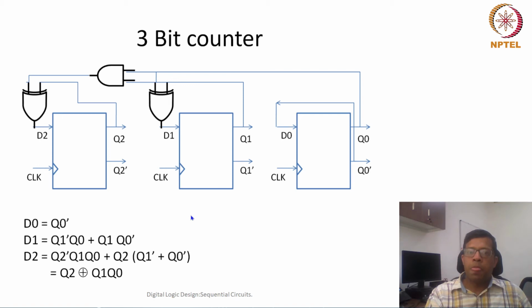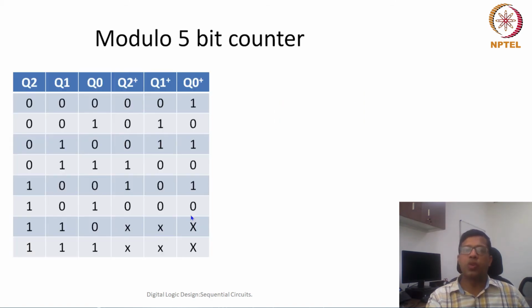Now let's say this was a 3-bit counter which was counting from 0, 1, 2, 3, 4, 5, 6, 7. Let's say I don't want to count from 0 to 7, but I just want to count from 0 to 5, that is 0, 1, 2, 3, 4, 5, and whenever 5 comes, I'll go back to 0.